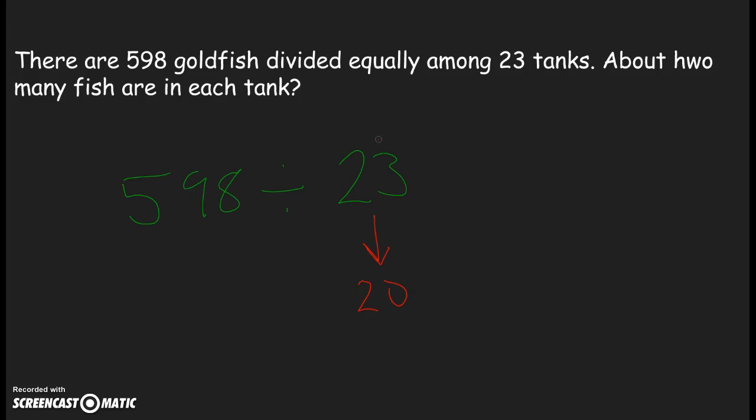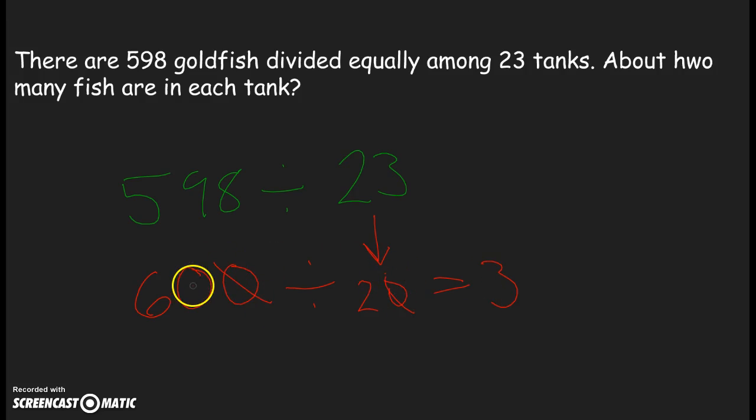So what's the closest even number to 5 here? Well, it's going to be 6. So I'm going to go ahead and round 598 up to 600. 600 divided by 20. And that should be pretty easy to do because 2 goes into 6 3 times.